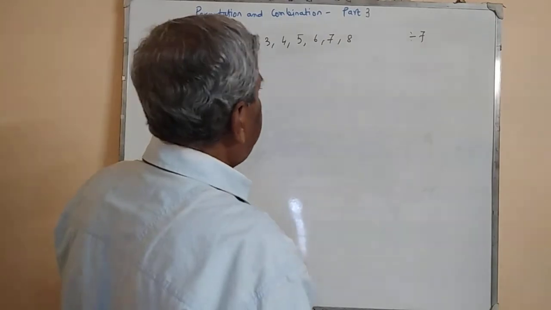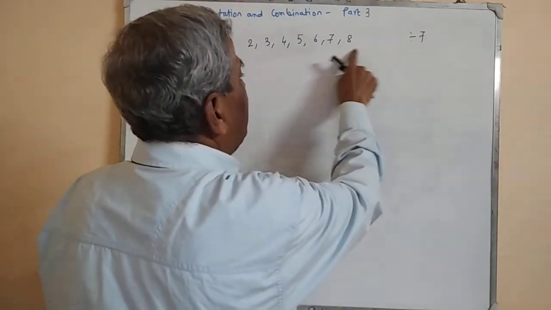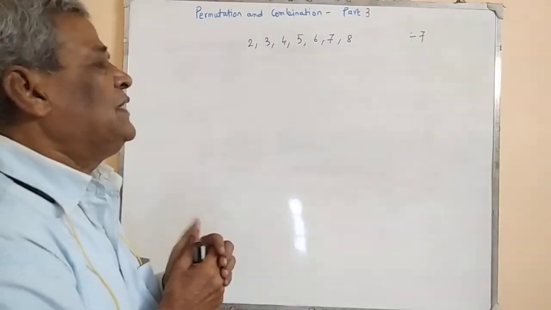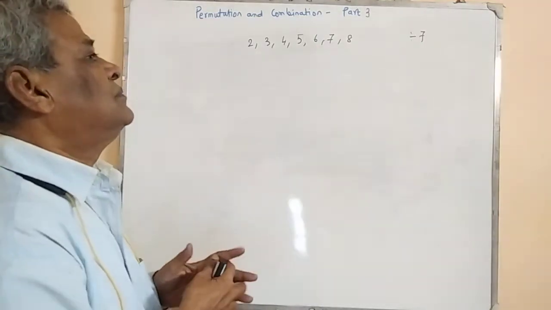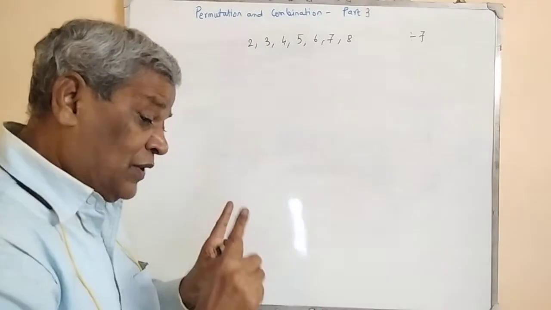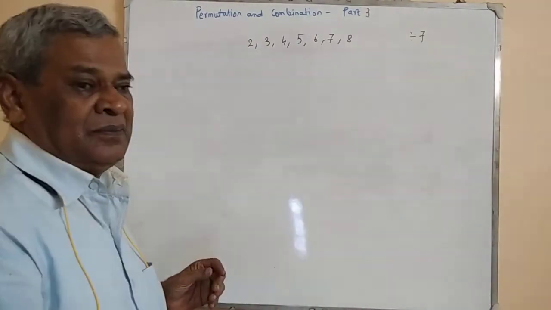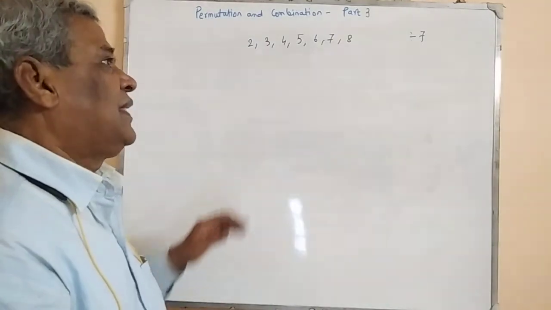So there are altogether 7 digits and we have to form a 4-digit number such that the product of the digits of the number should be divisible by 7.